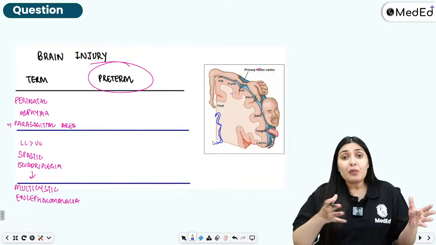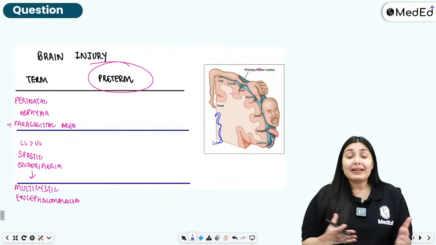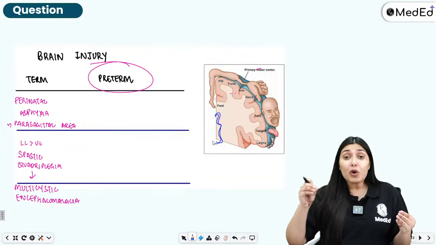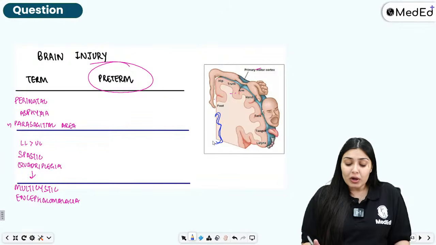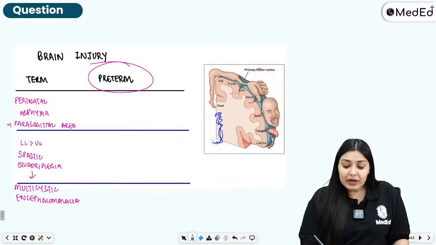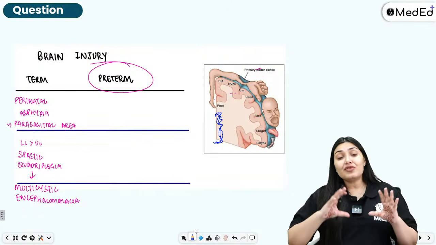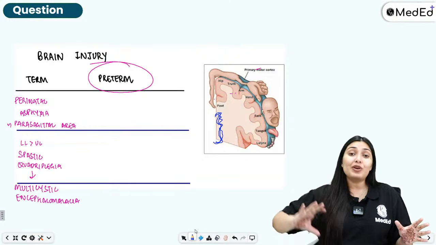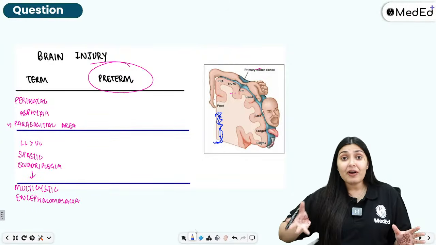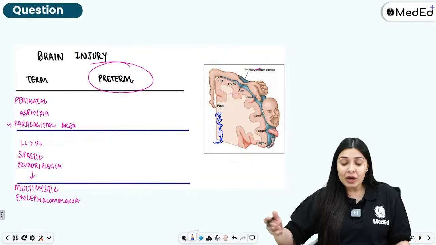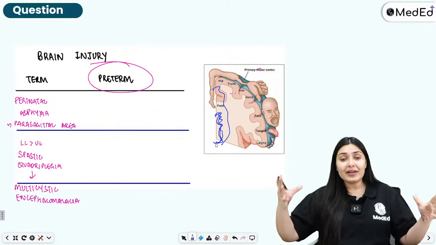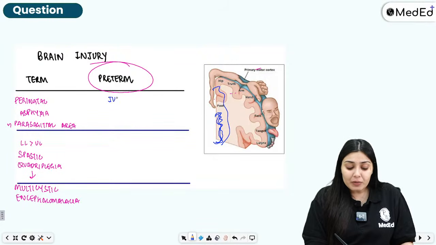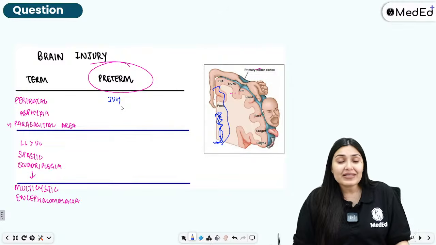So by the manipulation of the baby via delivery, these small blood vessels are very prone to bleeding, prone to rupture. So there will be intraventricular hemorrhage. And this can extend to cause hemorrhagic infarct and extension into the parenchyma. So here the area affected would be around the ventricles. So IVH is the problem that we see in preterms.